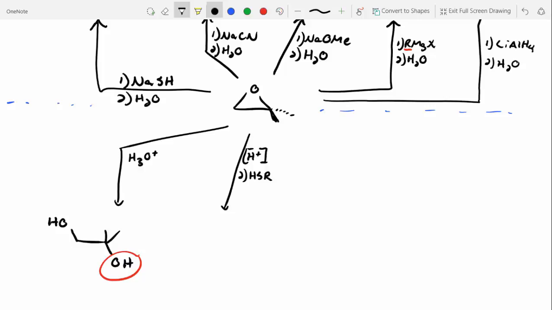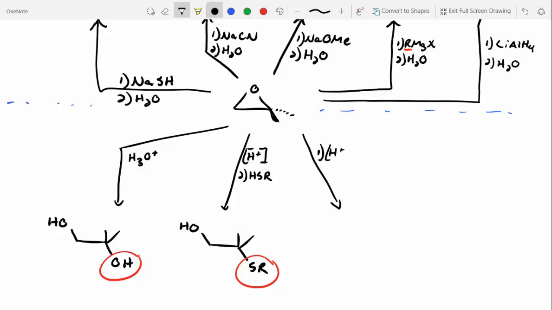Sulfide. So in this case, we can actually make a sulfide out of this. So we've got a new sulfur carbon bond. It's pretty straightforward.